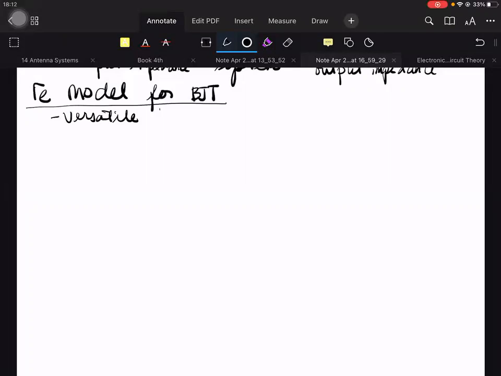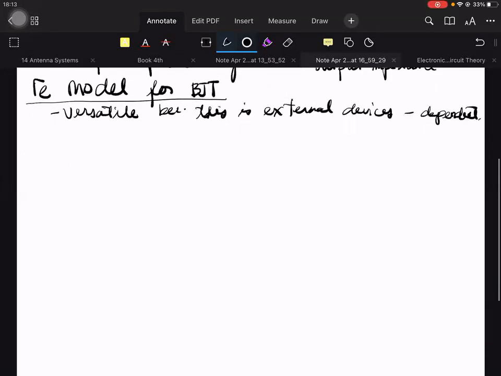This model is external devices dependent. So in this case, at least the impedances and the gain would not necessarily rely heavily on the device itself, but on the external circuitry.